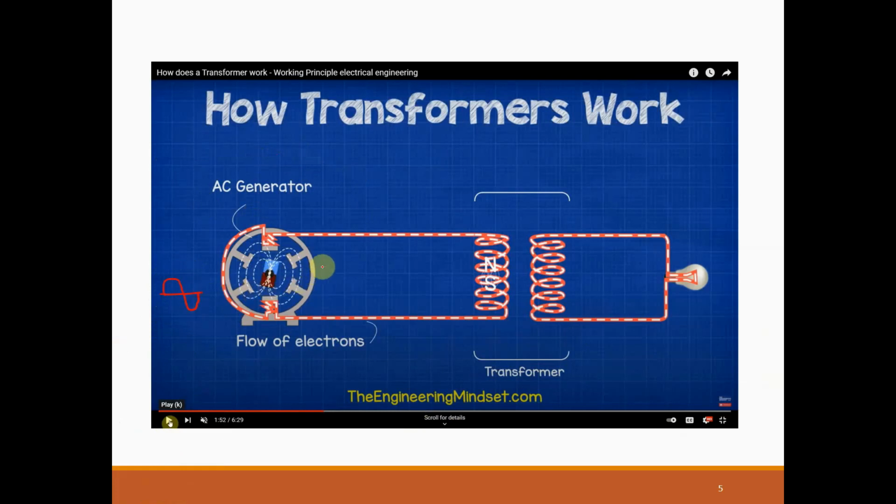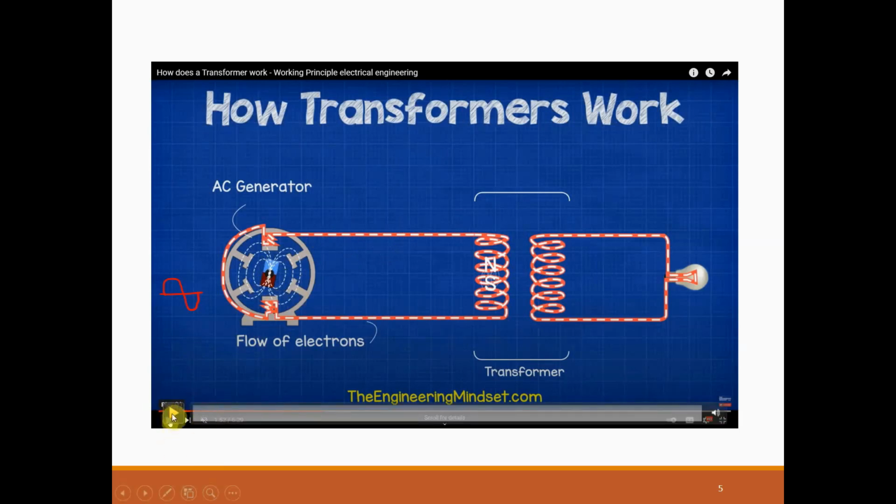We have a generator. The rotating magnet here has a north pole and a south pole, and it is rotating. It means to say that it is giving a magnetic flux, a changing magnitude of magnetic flux. Let us have it played for you.